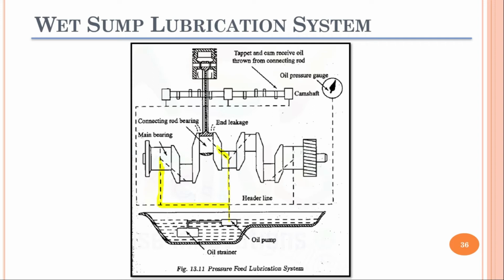can see we have the oil passages. From these main bearings of the crankshaft, the oil is flowing through these passages into the big end bearing of the connecting rod as well, and through these passages the oil will move up for the lubrication in the small end bearing as well, where the crank pin is connected, and it will also lubricate the surfaces in between the cylinder and the piston.